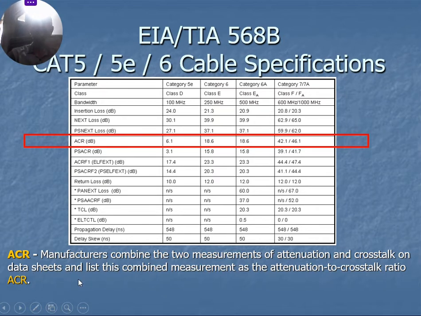Attenuation is a parameter in networking that should be handled, and crosstalk is also another parameter. But when we divide the values of attenuation by the crosstalk, we get a new parameter called the attenuation to crosstalk ratio.